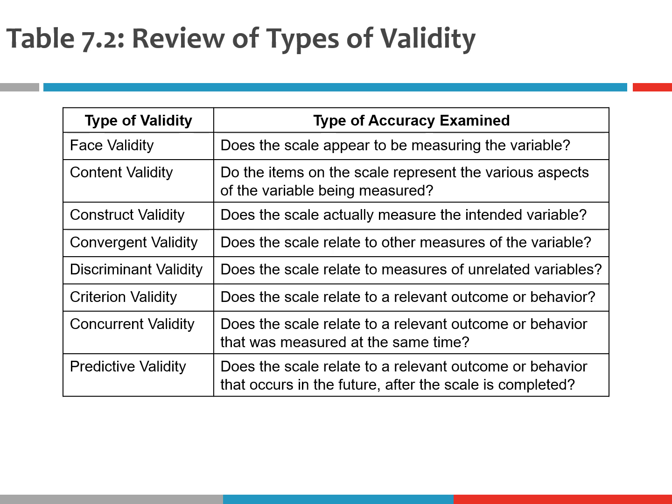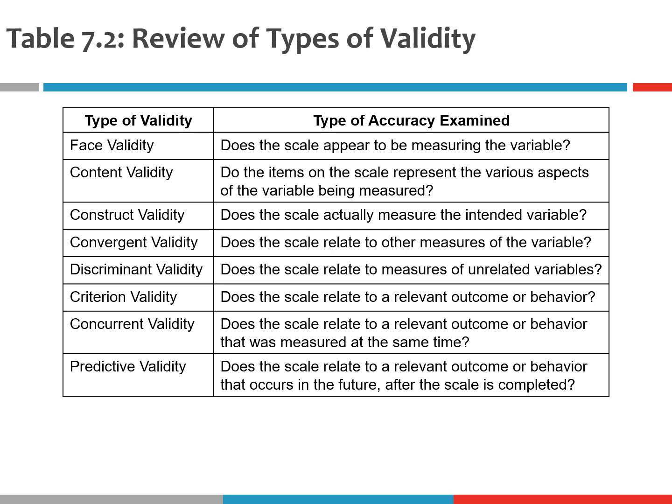And there are two different types of construct validity. You have convergent validity: if your scale is correlated to another scale measuring the same variable, that's convergent validity. Discriminant validity means your scale is not correlated to a scale that is not related to the variable that you're measuring. And then criterion validity is, does the scale relate to a relevant outcome or behavior?